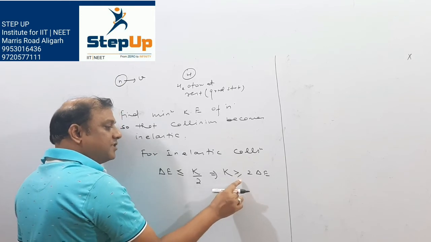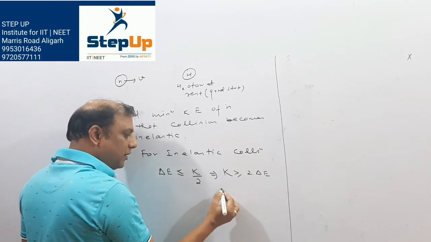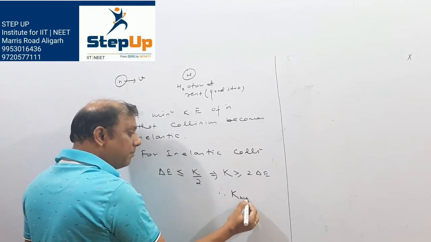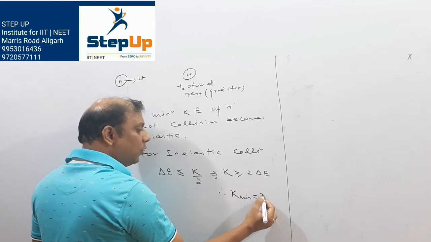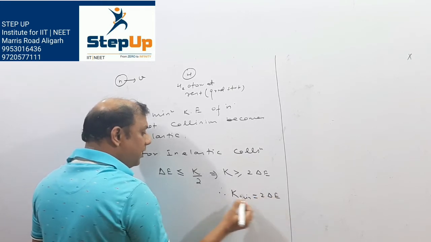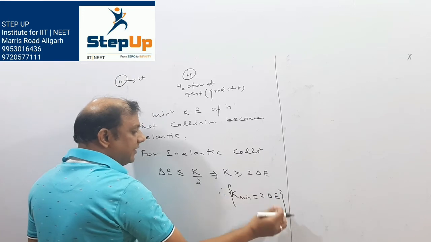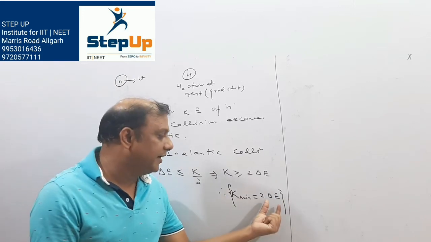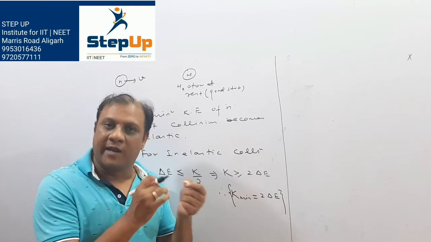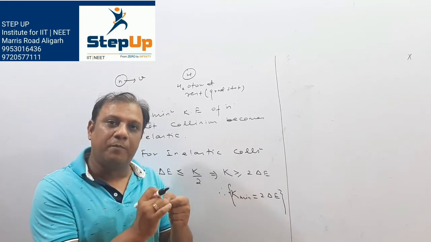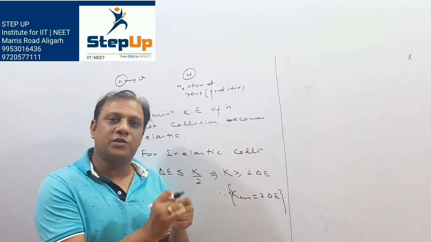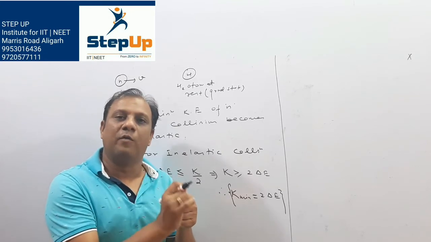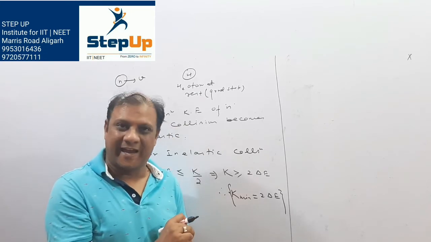Now K is greater than or equal to 2 delta E, so therefore K minimum is equal to 2 delta E, and obviously in that case delta E should also be minimum, and delta E is the energy absorbed by the electron which transits it from ground state to excited state.